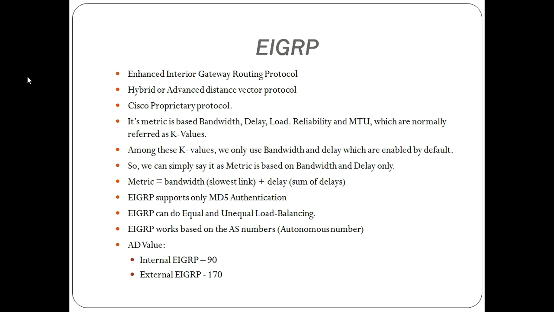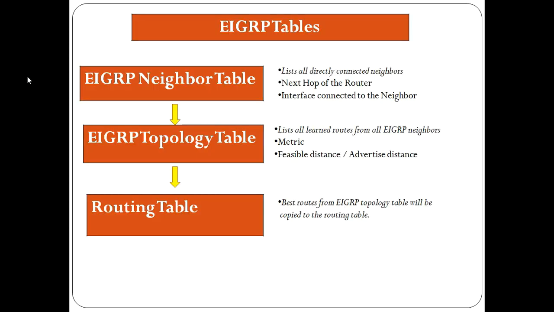Consider OSPF as one particular network that is redistributed into EIGRP, and that route is learned in the EIGRP network. That network will have an AD value of 170. Since the origin of this network is OSPF, it is said to be external EIGRP.